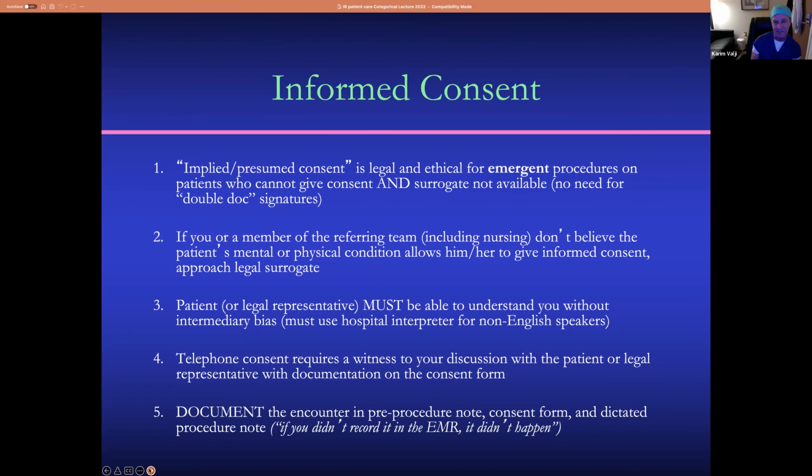So you need to consider anyone who knows that patient who is concerned about that, and maybe get consent from the legal representative, who must be able to understand you without intermediary bias. So you need a translator if so. Telephone consents are fine as long as you get a witness and have that witness sign a consent form. And of course, obviously document everything you encounter. That old saw, if you don't record in the EMR, it didn't happen.